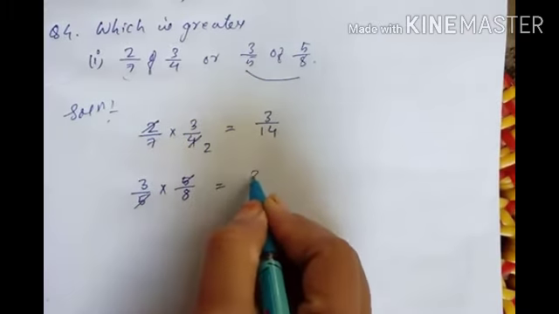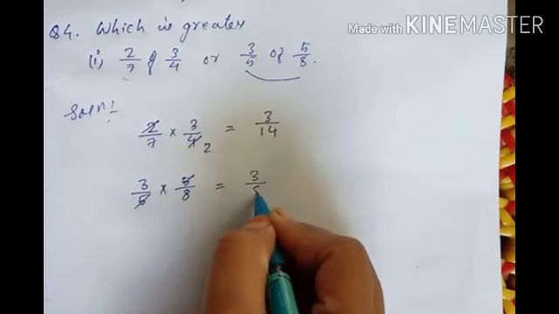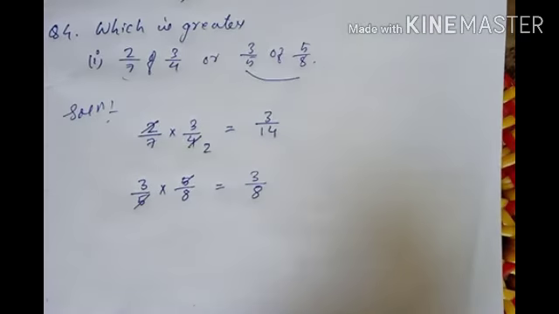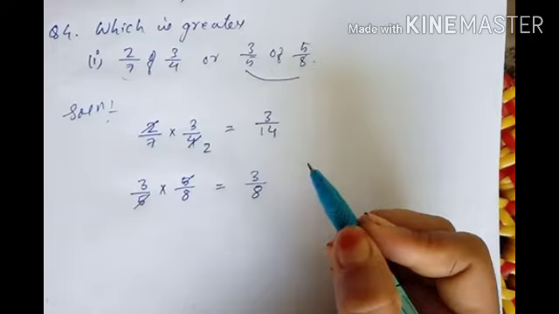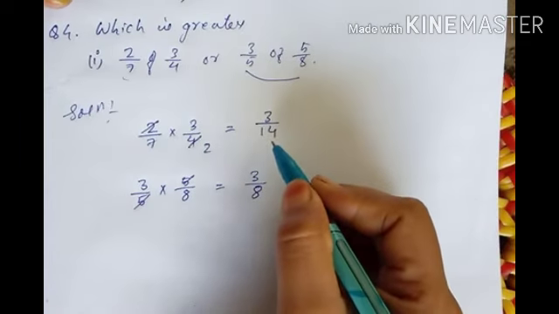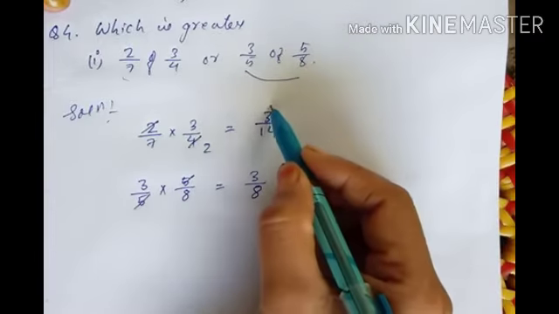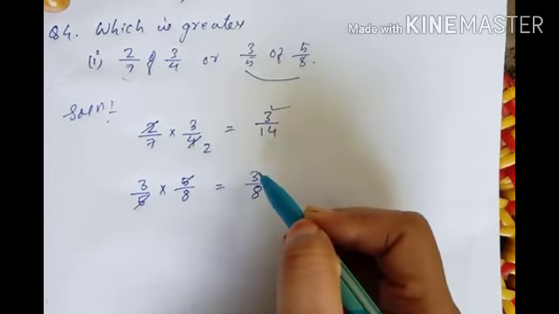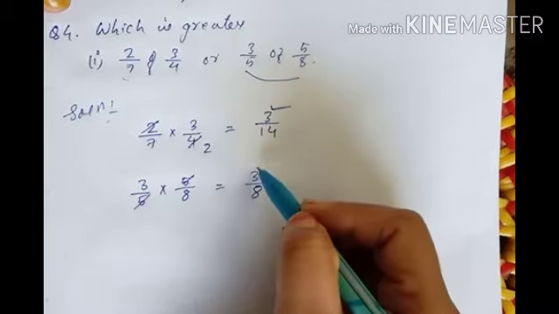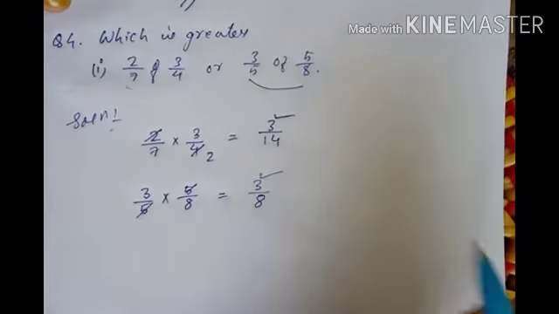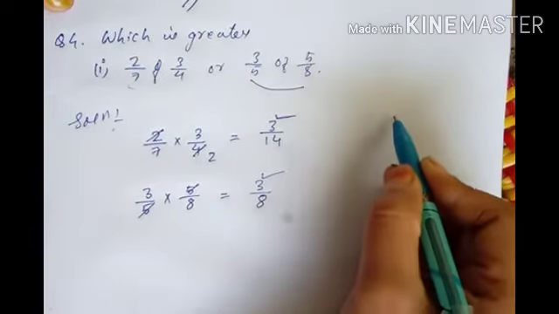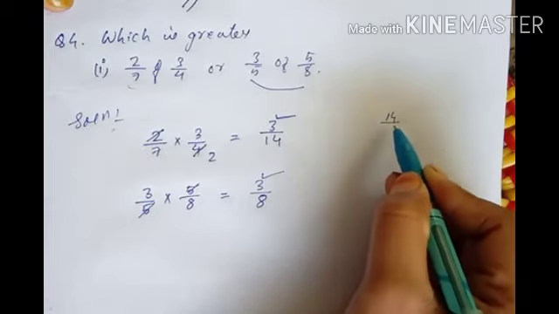Now what is remaining? 3 upon 8. Now to compare two numbers, we have to make like fractions, isn't it? Now here you can see the numerator is 3, and here also the numerator is 3. Now if the denominator is the same, suppose it is like this.